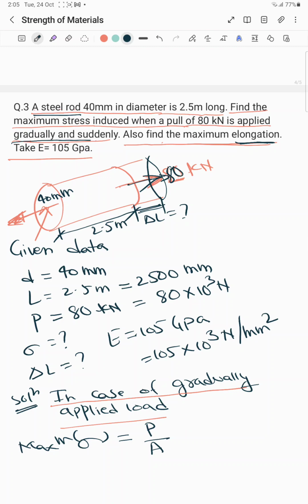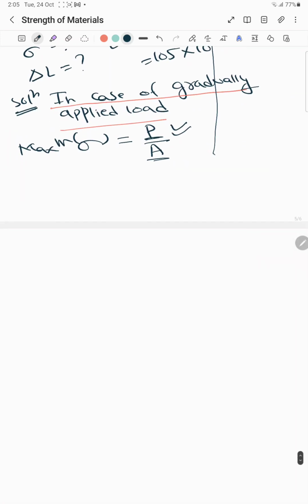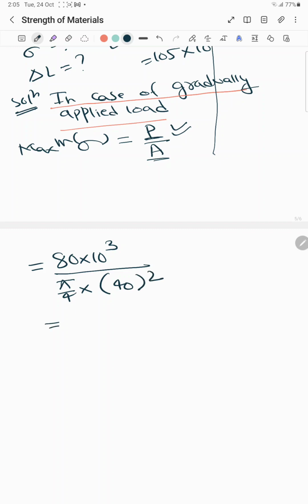P is the load, and A is the cross sectional area of this steel rod. So P is 80 into 10 to the power 3 upon the area, pi by 4 into D square, where D is 40, squared. Then we get the value around 63.66 Newton per mm square. So this is the value for the stress.